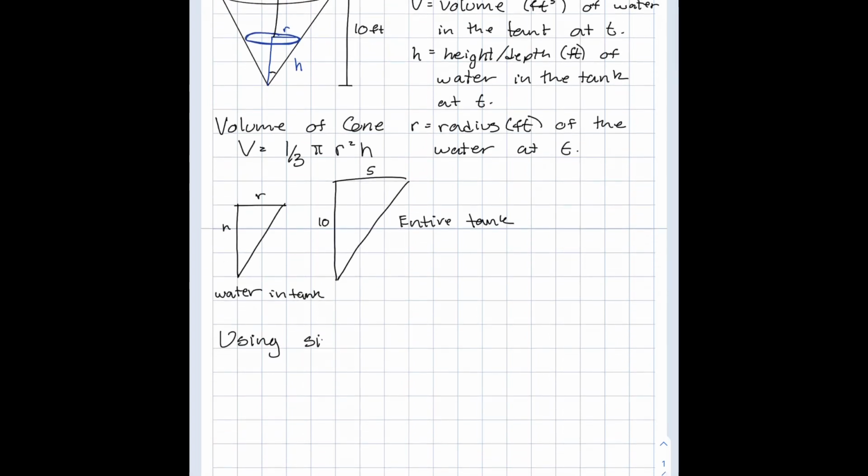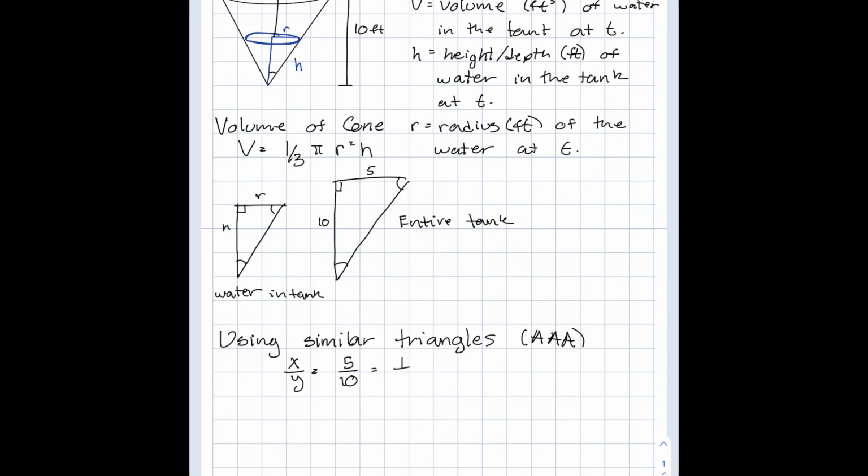So using similar triangles, x divided by y equals 5 divided by 10. This angle is the same, and this right angle is the same, so the angles are the same, similar triangles by angle-angle-angle.